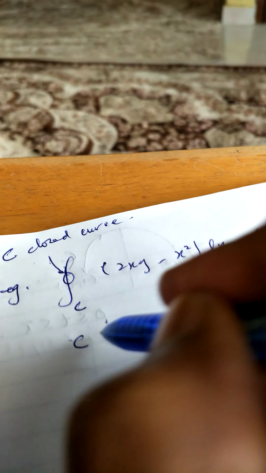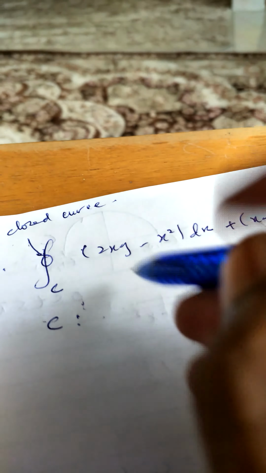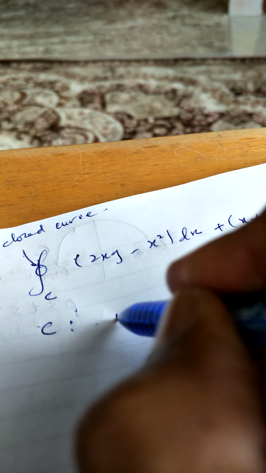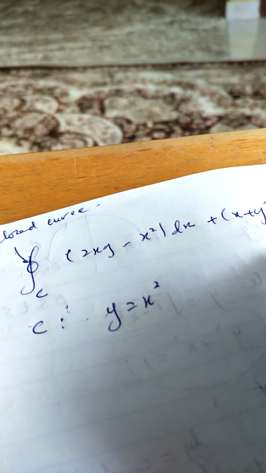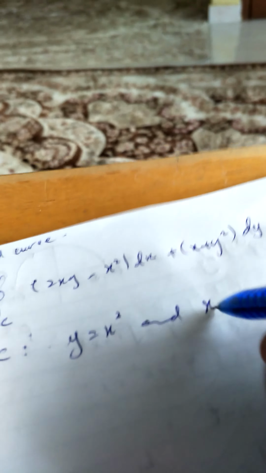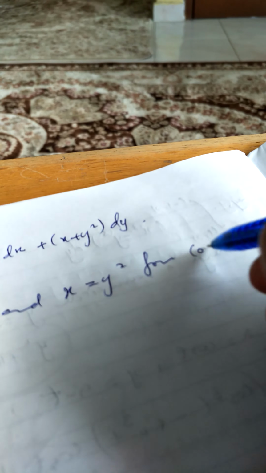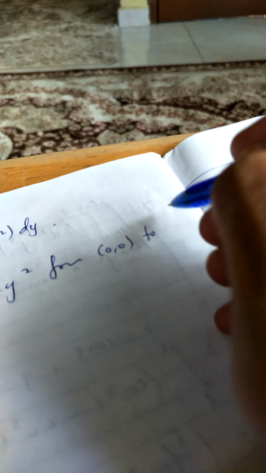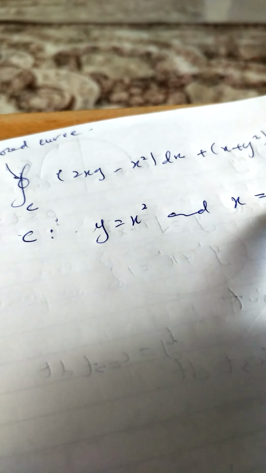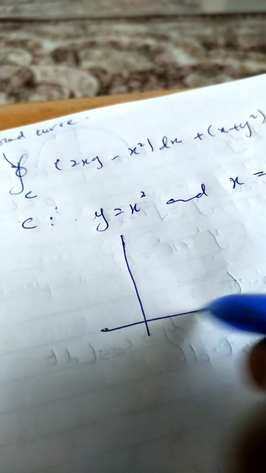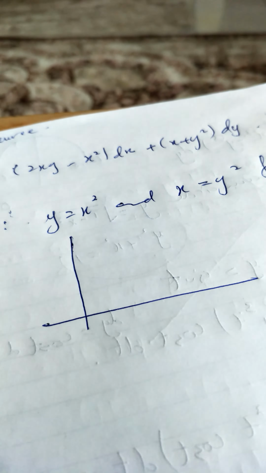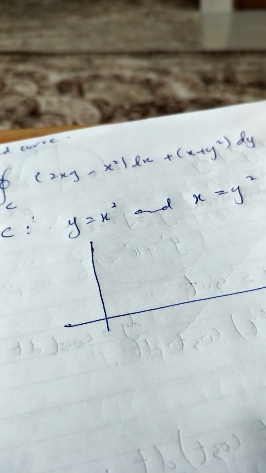Where your C is given as y equals x squared and x equals y squared from (0,0) to (1,1). So you may sketch those curves C. Do a little bit of sketching to give you an idea what it looks like.